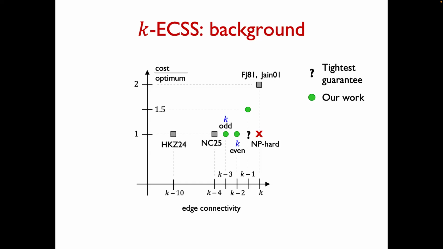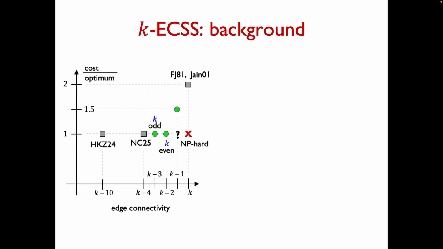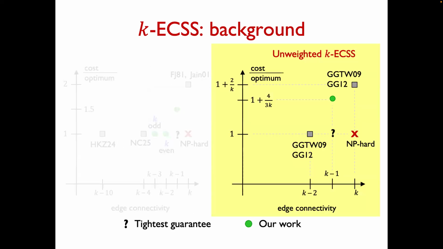There is also work on this problem in the unweighted setting where all edge costs are 1, and there you can get much better approximation guarantees, of the form 1 plus some constant divided by k. The state of the art is roughly a 1 plus 2 by k approximation, a feasible k-edge connected solution. And our 1.5 approximation actually translates to a 1 plus 1.33 by k approximation guarantee, but losing 1 unit of edge connectivity.